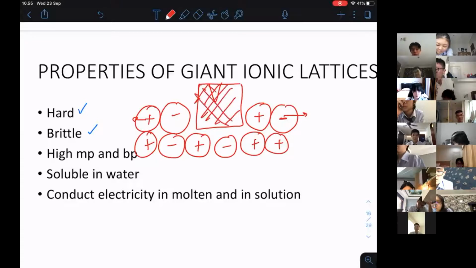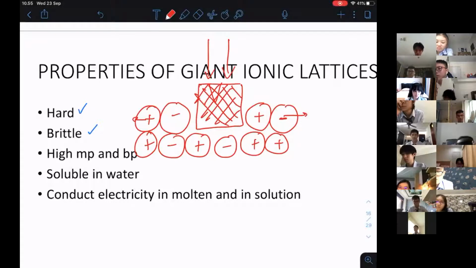A new arrangement will be formed. When you put a force, they will slide first and try to form a new arrangement, but the arrangement will not last, because you will have positive next to positive and negative next to negative.